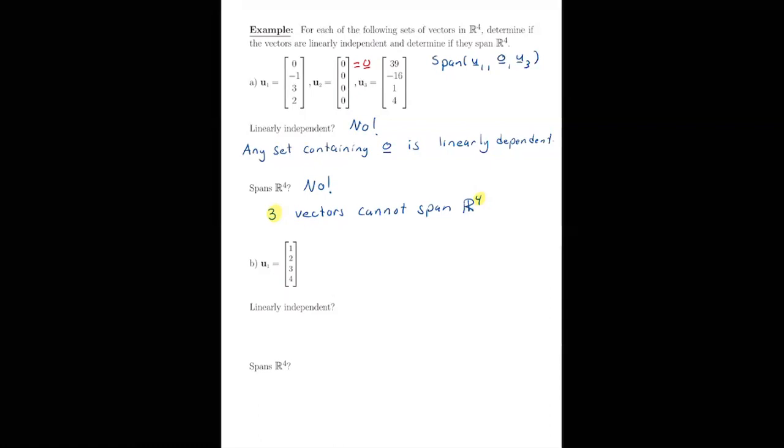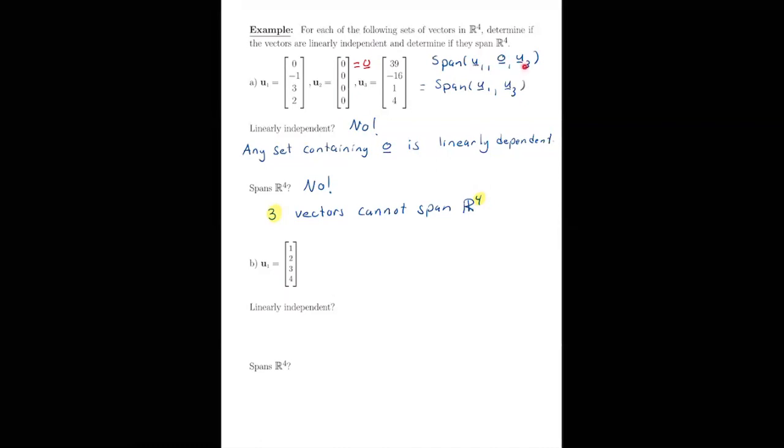And we know that if one of the vectors is a linear combination of the others, and 0 is certainly a linear combination of the others, we can actually remove it as one of the generators for our span. So we know that the span of U1, 0, and U3 is just the span of U1 and U3.